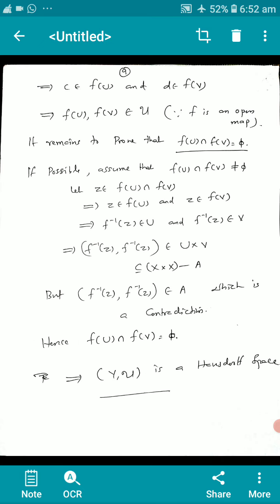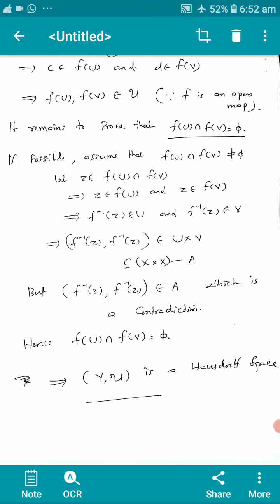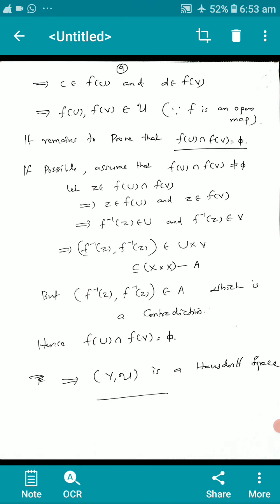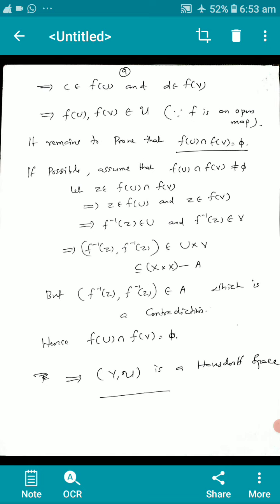If possible, assume that it is not true, that is, assume that f of U intersection f of V is not equal to phi. There is at least one element, say z, in f of U intersection f of V. This implies z is in f of U and z is in f of V, which implies f inverse z is in U and f inverse z is in V, so the ordered pair (f inverse z, f inverse z), because one is in U, the other is in V, is in U cross V, which is a subset of X cross X minus capital A. But the ordered pair (f inverse z, f inverse z) is an element of capital A, which is a contradiction.